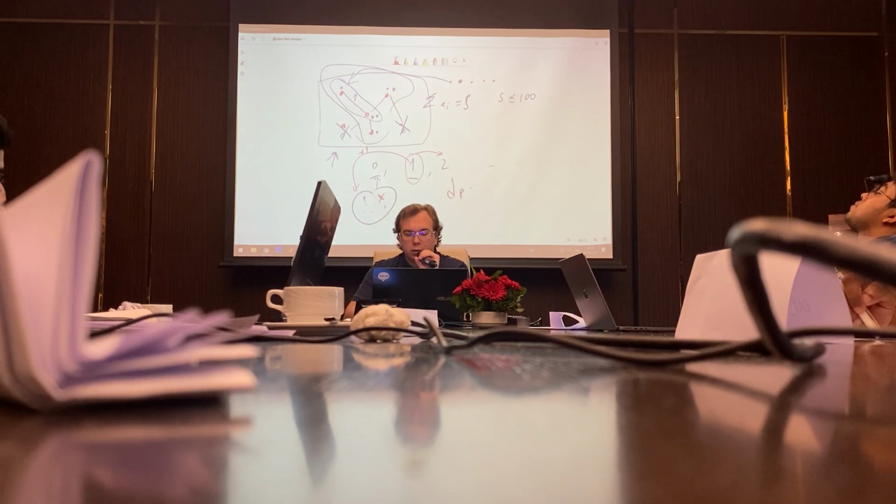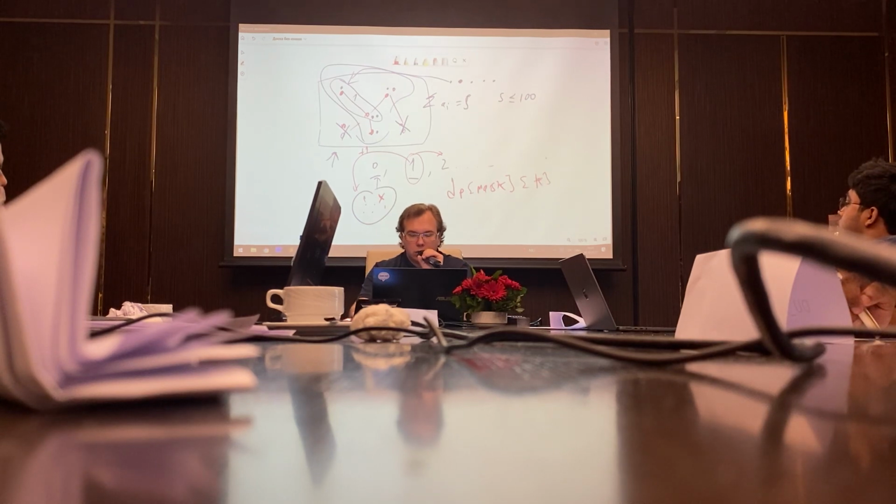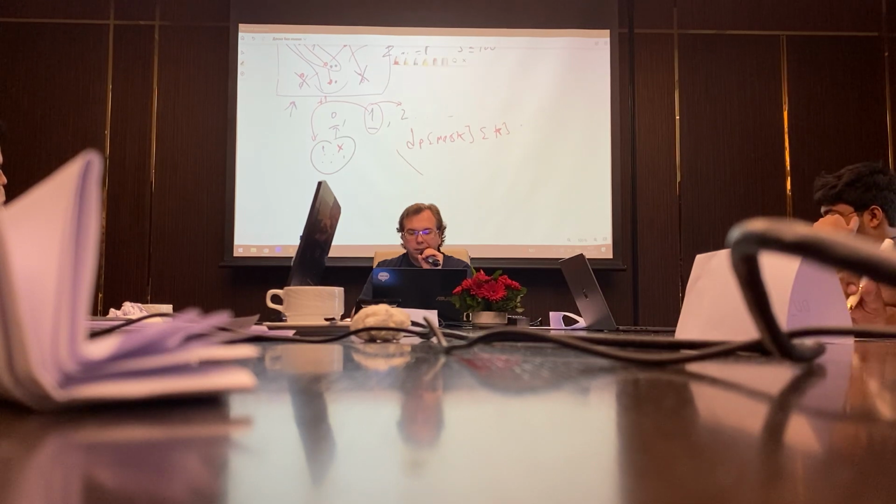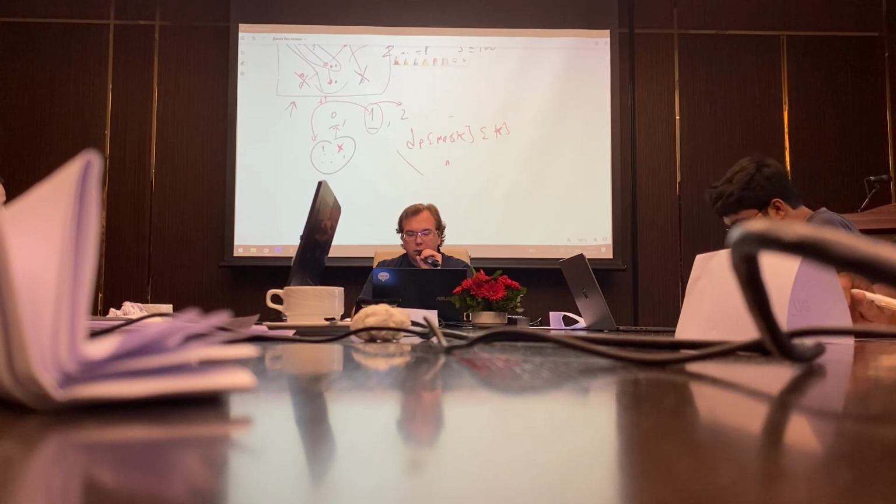So what we have now is a dp by mask, where the mask is our current set of vertices, and the number of tokens that we can give to all these vertices. Let's do this operation. We can delete some vertices. There are not more than n variants to do this, actually the number of ones in this mask.